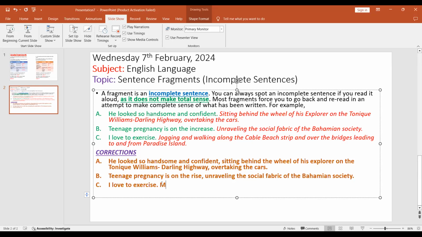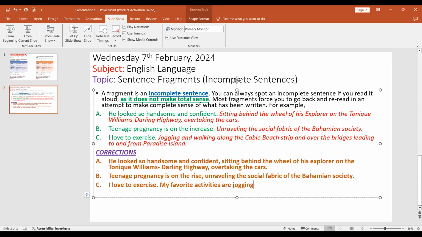Why don't you just leave them separate, but just add a subject to the second one? So my favorite activities are jogging. Sometimes it's just good to separate them, and that's fine. But if you're going to separate them, you want the second one also to have an appropriate subject.